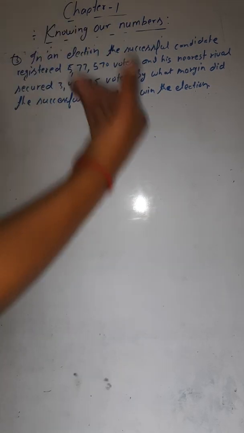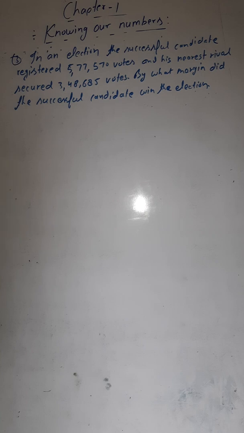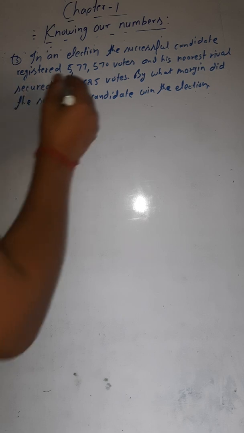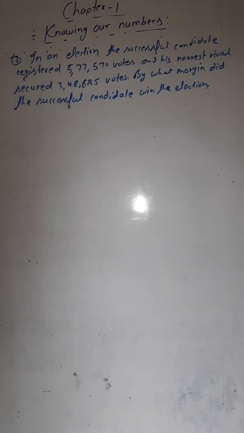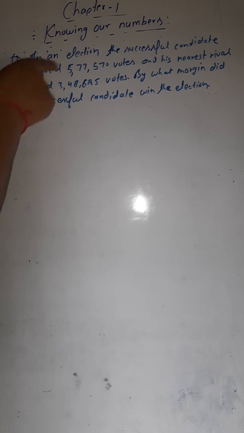The nearest rival he defeated is the loser, he could not win the election. Some others would be there also, but the nearest one has secured 3,48,685 votes. This is the loser and this is the winner.